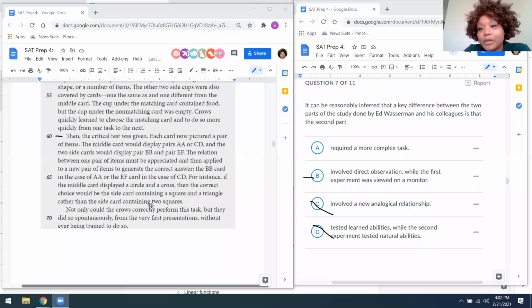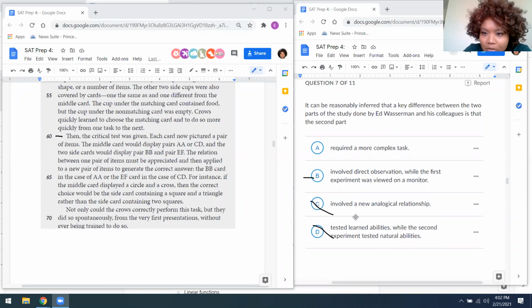It's saying that the second one was more important or more serious. So, if you go on to read the description of the new test, it is kind of more complex.